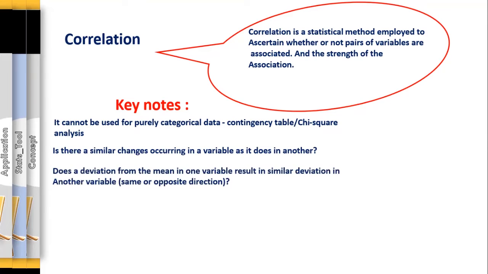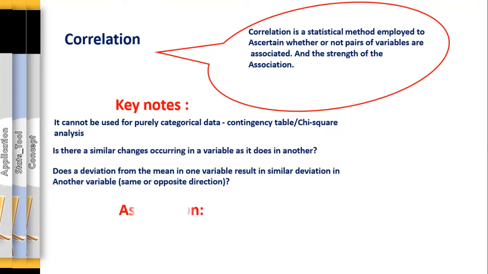The second question is, does a variation or deviation from the mean in one variable result in a similar deviation in another variable in the same direction or in the opposite direction? Now, if you seek to find answers to such questions, then the right tool or test method or statistic to use is the correlation analysis.